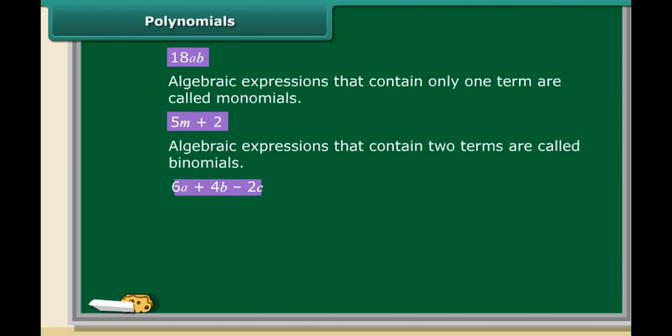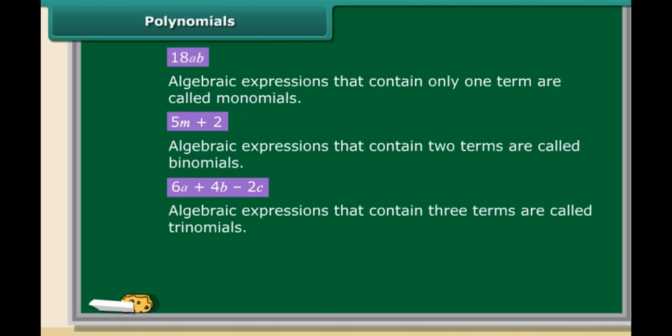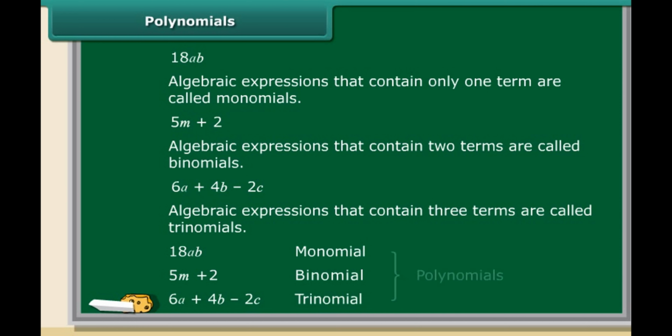The expression 6a plus 4b minus 2c is not a binomial because it has three terms, right? So this type of algebraic expression is called trinomial. Remember, all algebraic expressions that have one or more than one terms are called polynomials. Therefore, monomials, binomials and trinomials are all polynomials.